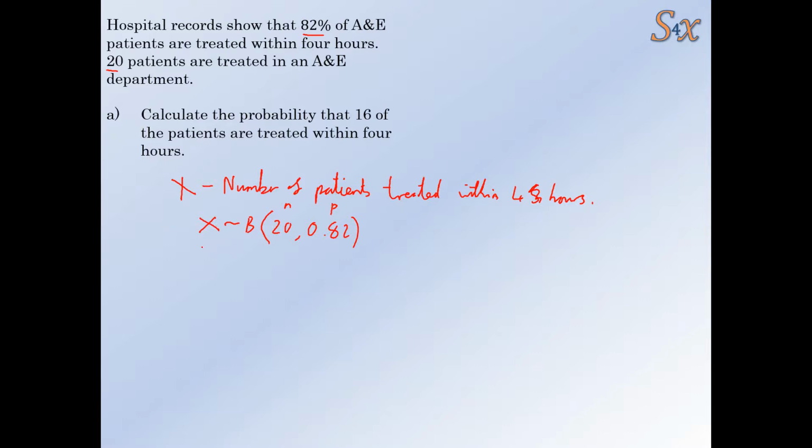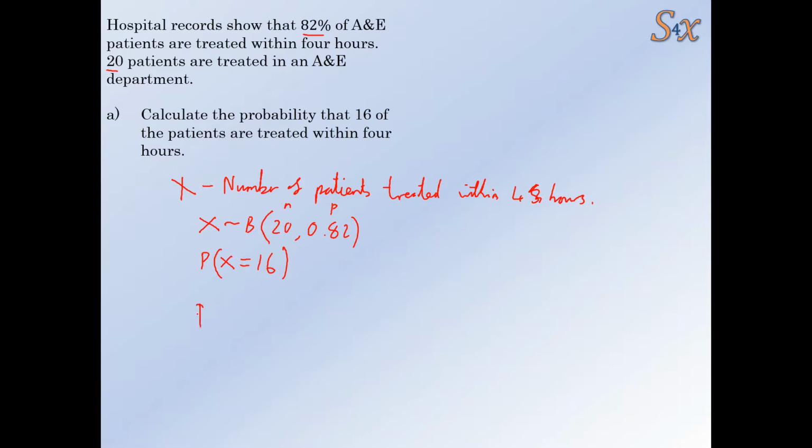Now we think, what is the probability we actually want? Well, we said we want the probability that 16 of the patients are treated. So that's x equals 16. We've actually got an equals symbol here. We haven't got an inequality, so we don't need the cumulative formula. We just need to use the normal formula.